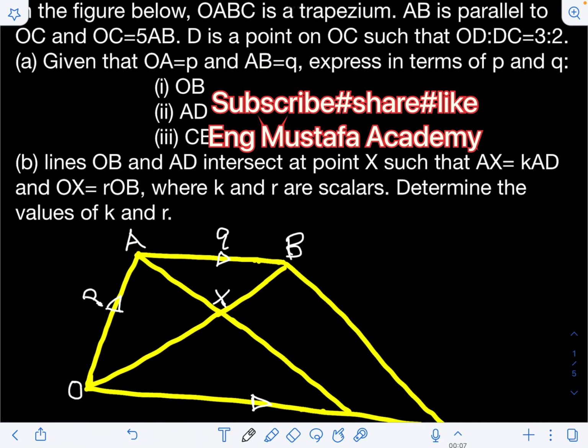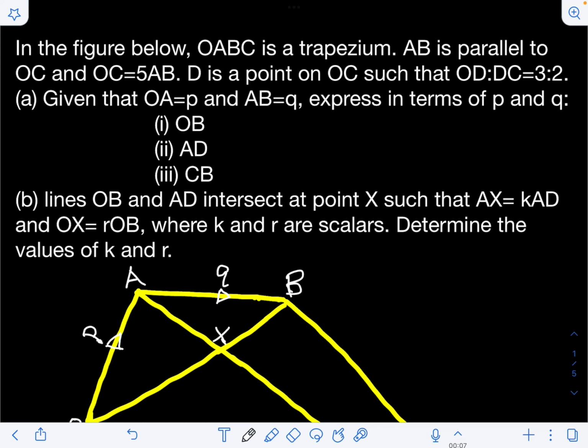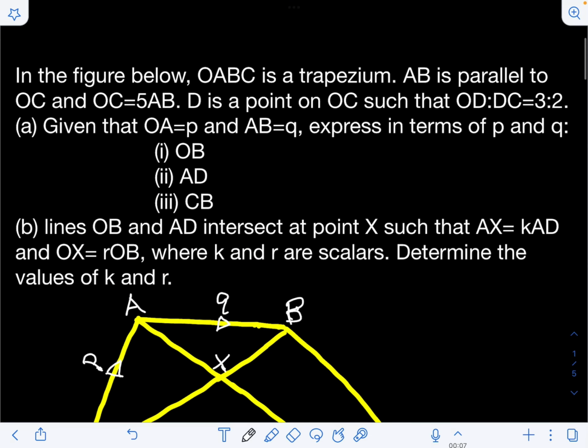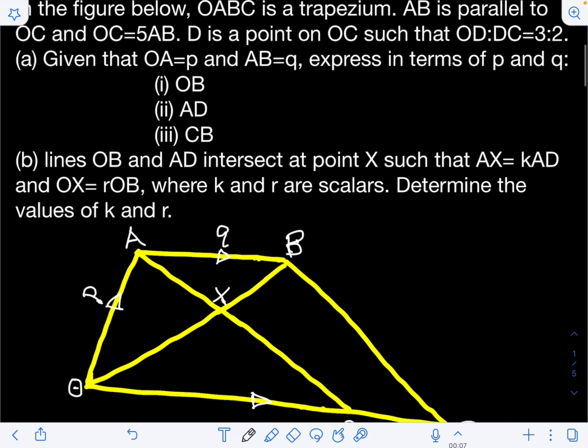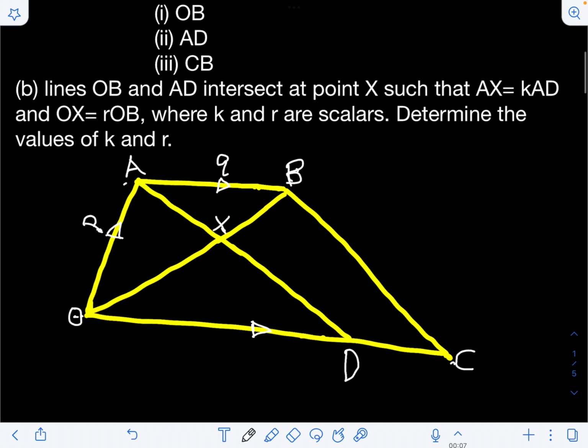In this video we are going to solve this vector equation, which will be our second equation. It says that in the figure below, OABC is a trapezium. AB is parallel to OC, as we see here.